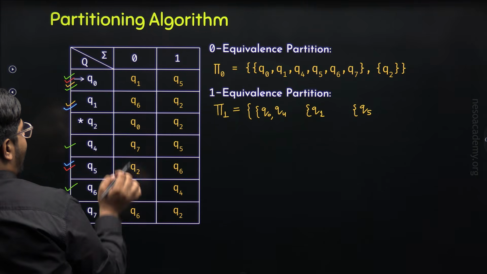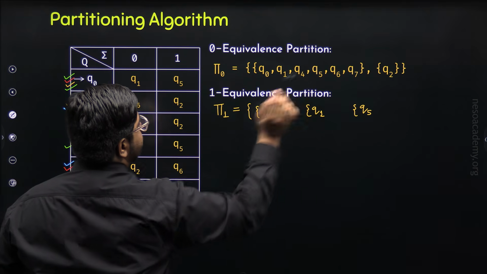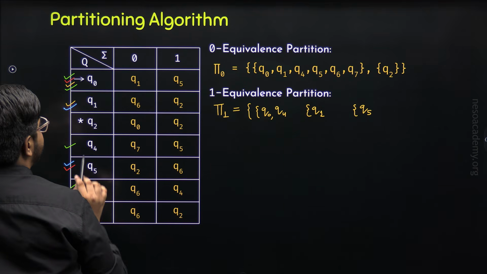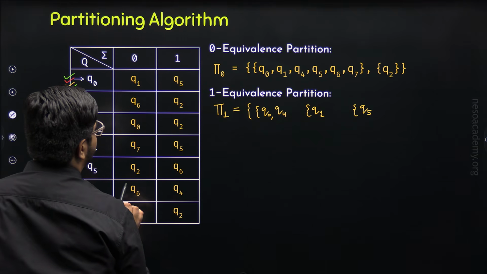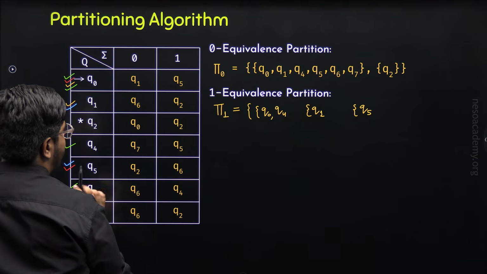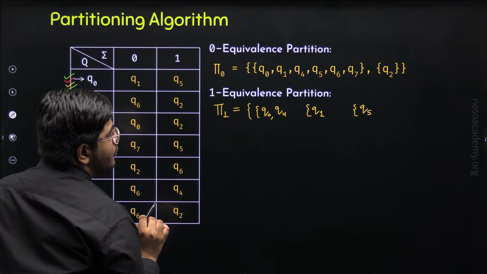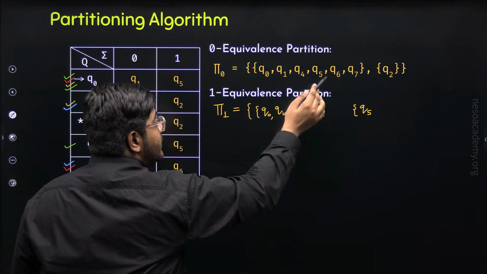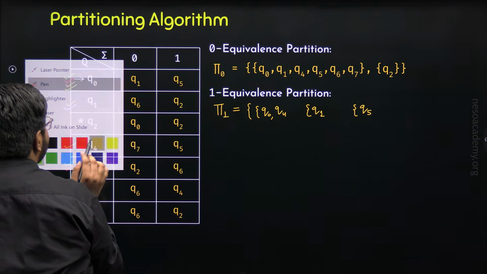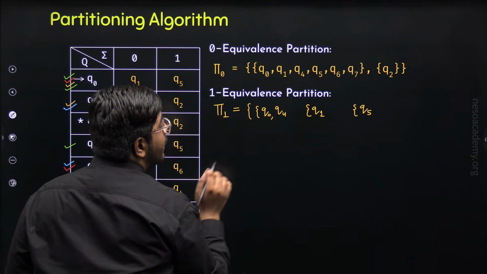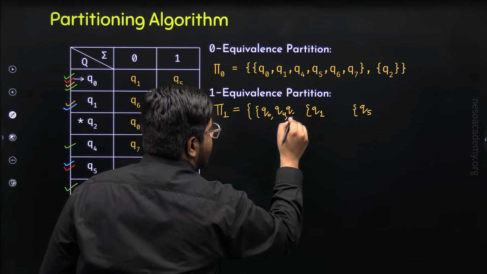So we are getting Q1 and Q6. Q1 and Q6 lie under the same partition. Now for input symbol 1, Q0 gives Q5 and Q6 gives Q4. So we are getting Q5 and Q4. Now Q5 and Q4 lie under the same partition, which means Q6 is equivalent to Q0, and Q6 will also be equivalent to Q4.